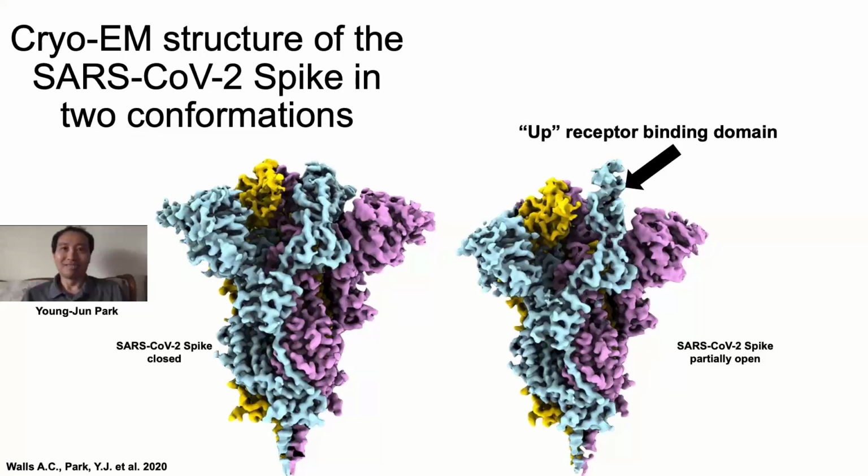Now, we can use focused classification and honestly extensive classification to put all of the particles that are fully down into one bin, and use C3 symmetry to refine. But the different receptor binding domain characterizations have to be done with C1 symmetry, and the refinement is definitely not as high resolution because of that.